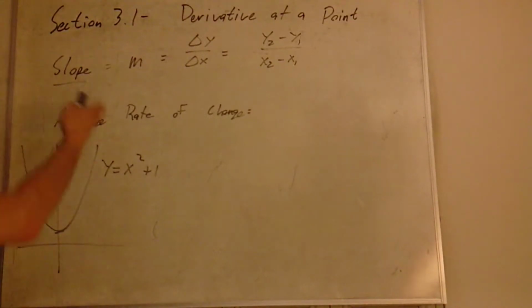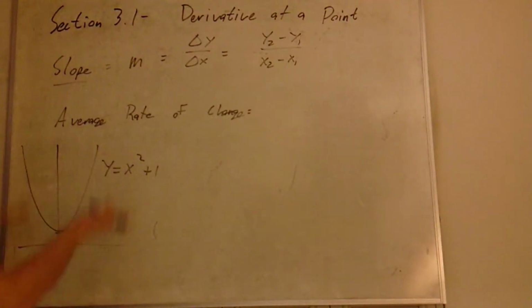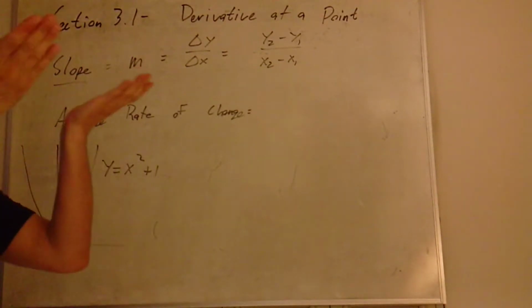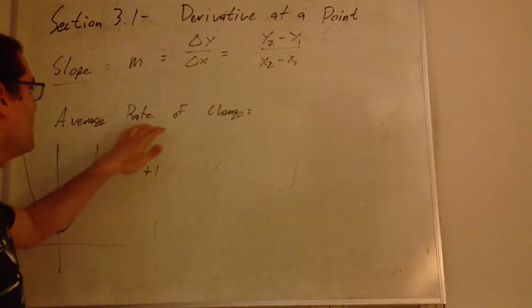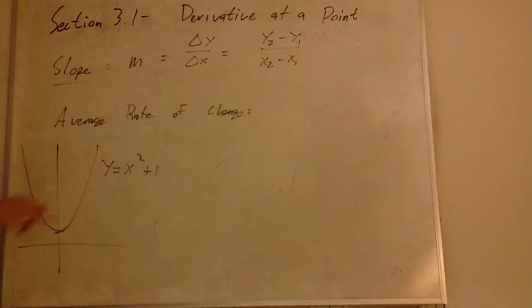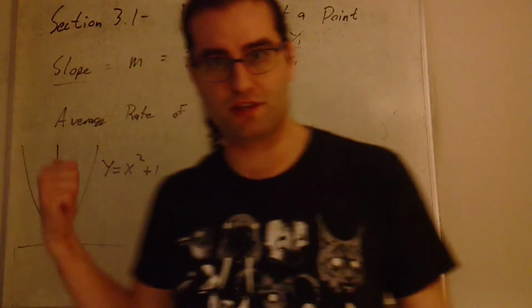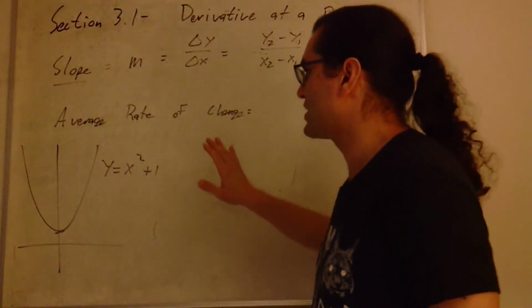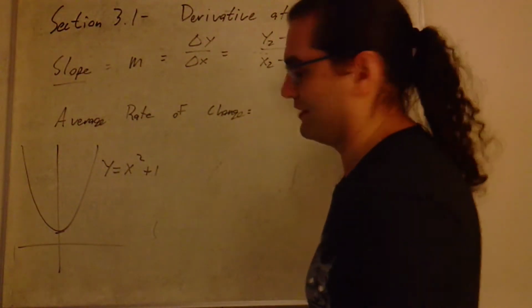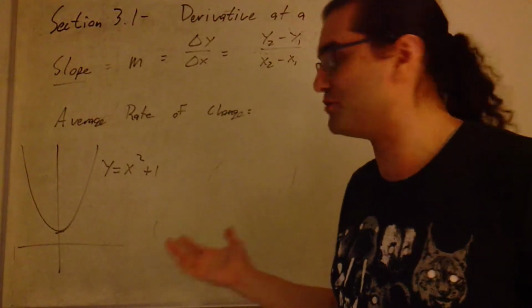This is a standard x squared parabola, just vertically shifted up 1 unit. It is very clearly not straight. It's doing a curve. But I want to talk about the average rate of change. The idea that we're going to use to apply slope to this thing is to pick 2 points on it and find the slope between those 2 points.